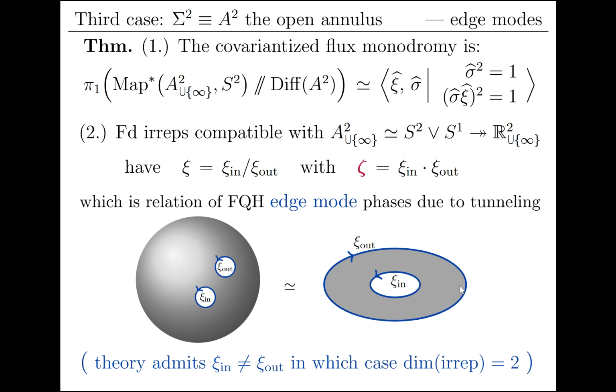As opposed to any statements about the torus, which is really hard to realize in experiment, this is the standard case that can be realized in experiment: slabs of FQH materials, or electron gases on an annulus. This is what people discuss routinely. Here the prediction would be, if you can somehow arrange your edge modes to have different Fermi momenta, differing in magnitude, not just in direction, there should be twofold ground state degeneracy.